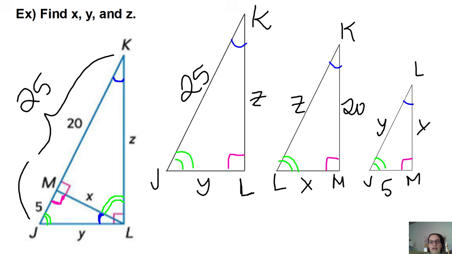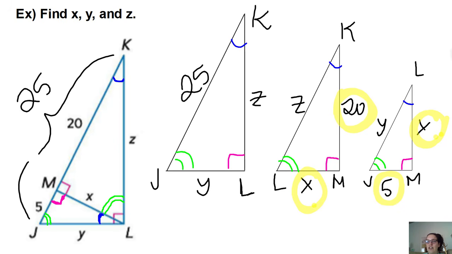First I want to find x. I have x right here, and I have x right here. So I'm going to match up the sides that correspond. LM corresponds with JM, and then LM in this triangle corresponds with KM.